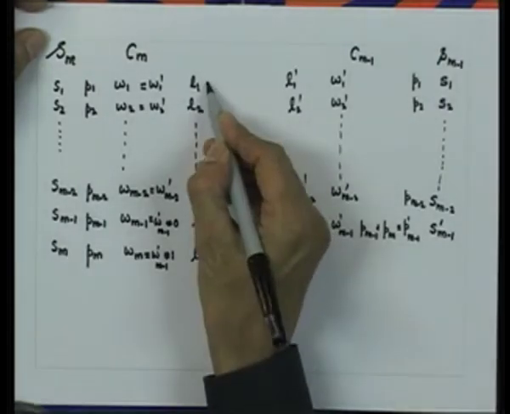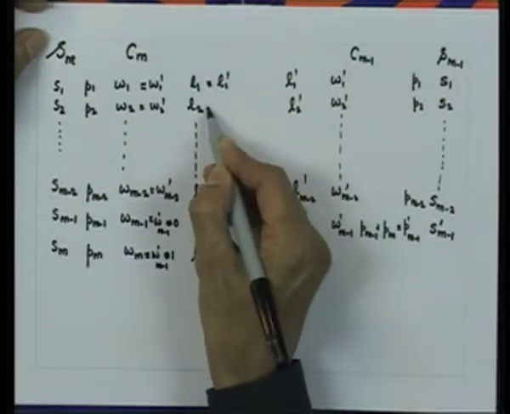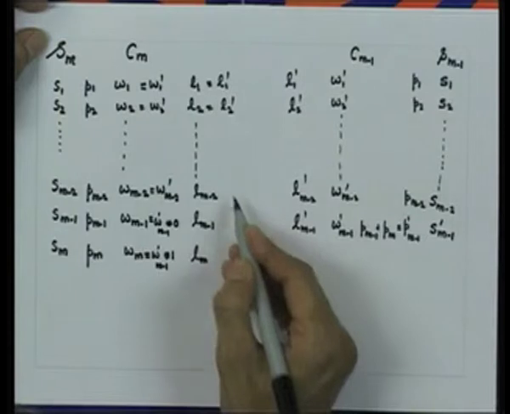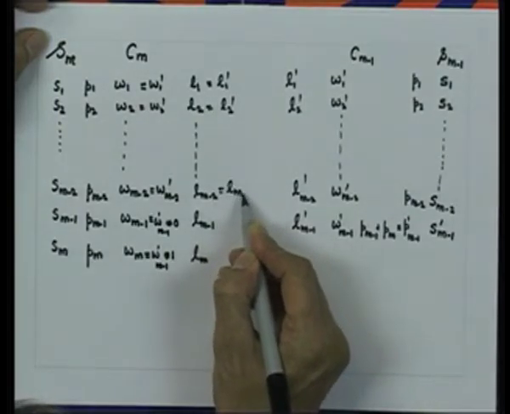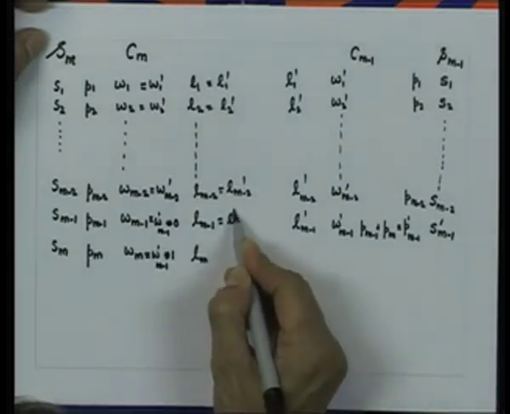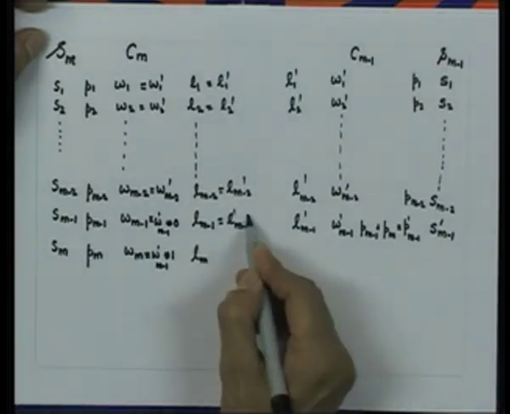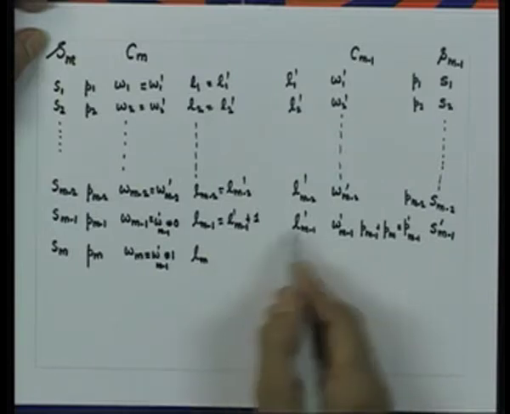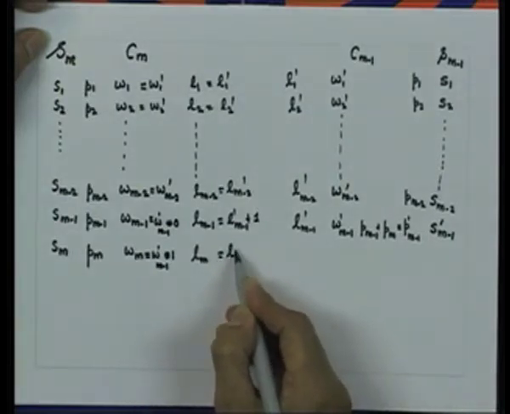And similarly, the lengths here would be the same, with L_(m-1) equal to L'_(m-1) plus 1, the only difference being 1 bit, and similarly for L_m.